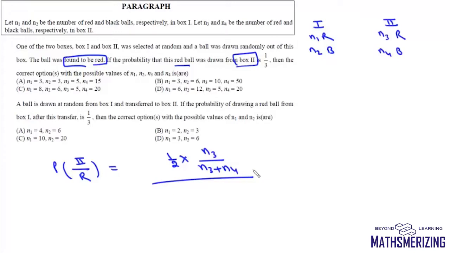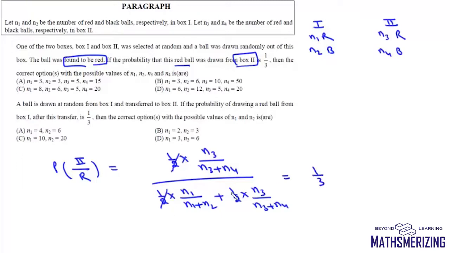Now the total is, if it is the first box, we can choose it in 1 by 2 ways, and then getting a red ball is N1 upon N1 plus N2, plus 1 by 2 into N3 upon N3 plus N4, and this probability is 1 by 3.